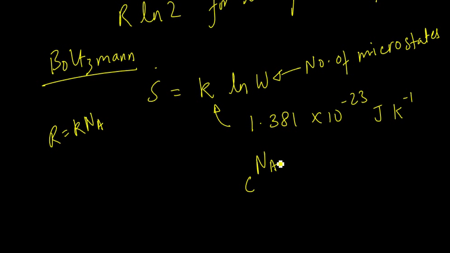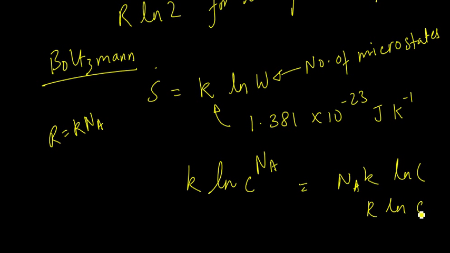Each of these Avogadro number of molecules could sit in these C possible positions. So I have C to the power Na, log of this, times K. I can bring that Na over here, or R log C.